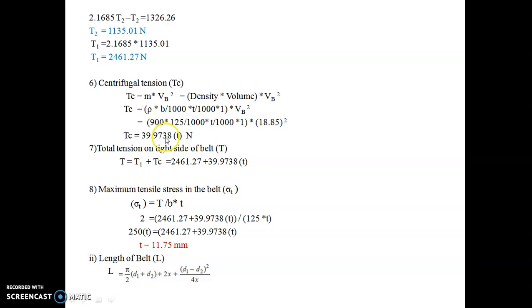Now we know the tension due to friction and tension due to centrifugal force.